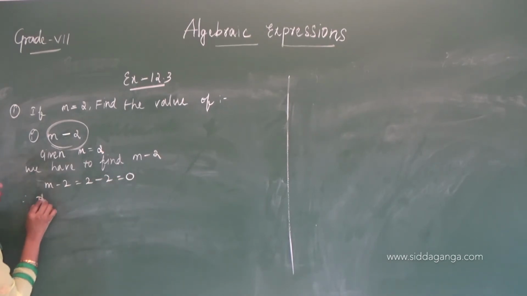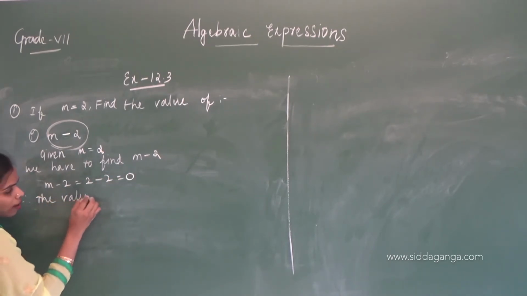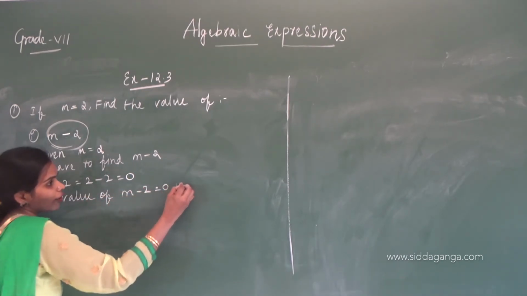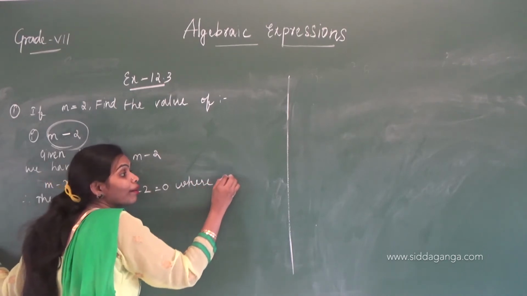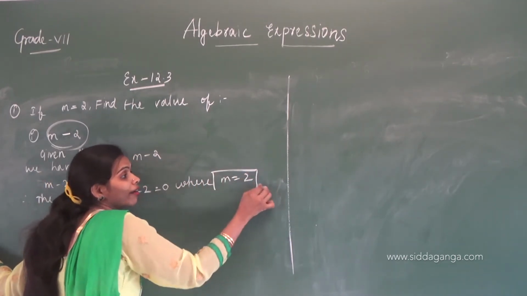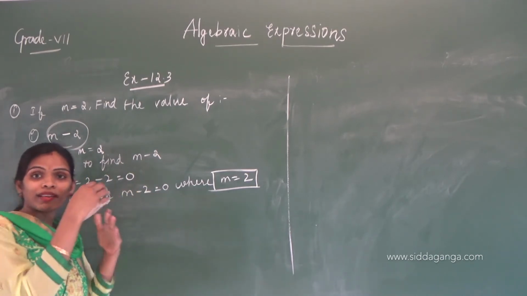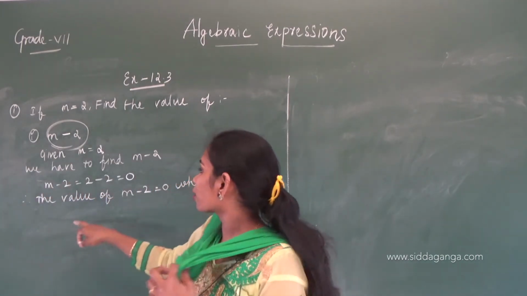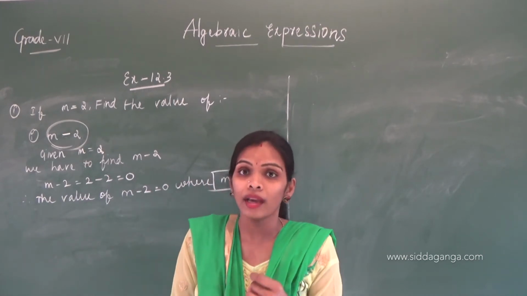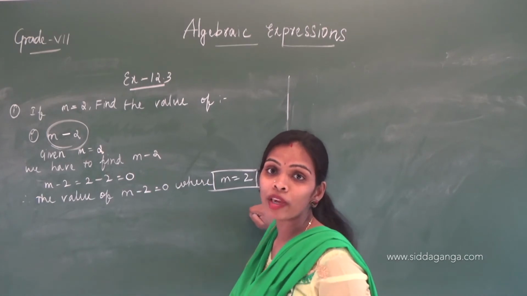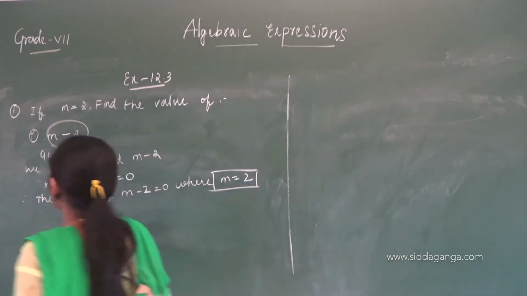Therefore, the value of m minus 2 equals 0, where m equals 2. You have to write the value of the variable that they have given, because if the value of the variable changes, the answer changes. That's why when you are giving the conclusion also, you have to write the value of m minus 2 equals 0, where m equals 2.